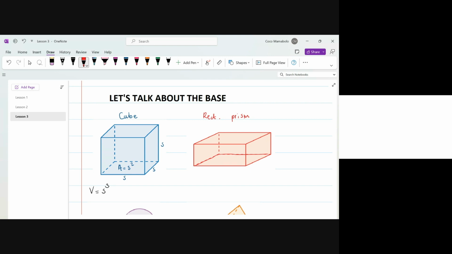It's a rectangle, good. So I know that the area of my base shape is length times breadth, and then I'm just going to multiply that by the perpendicular height. So the volume is going to be length times breadth times height.